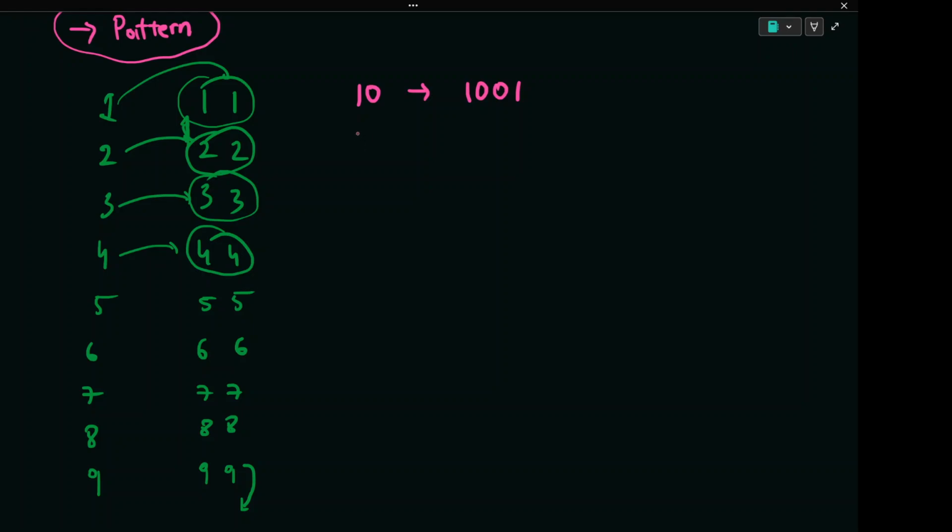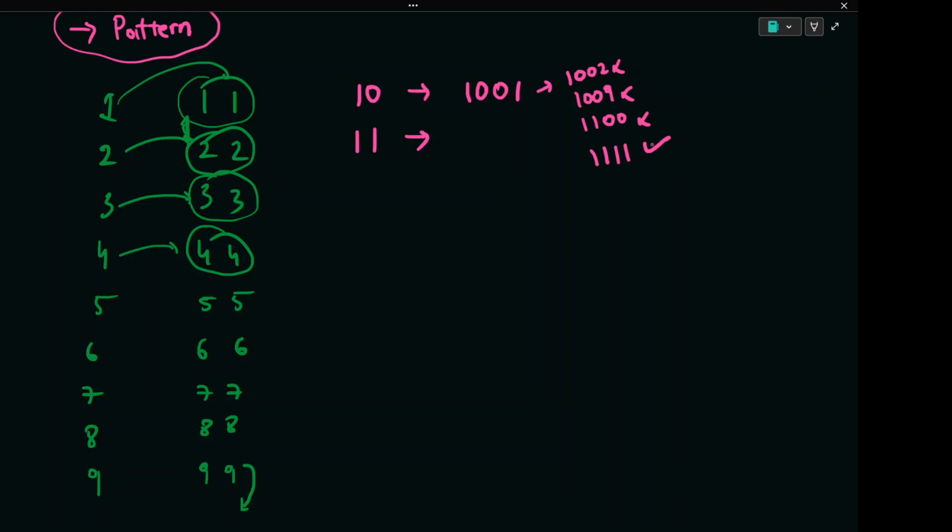Now my task for you is to find the 11th palindromic number. What would it be? Let's check. Can it be 1002? No. Can it be 1009? No. Can it be 1100? No. Can it be 1111?